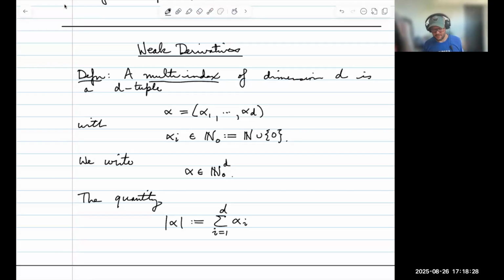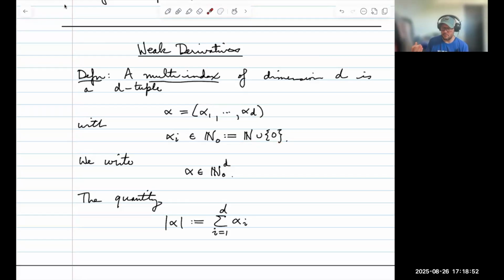So it's a multi-index. What does a multi-index mean? It means it's a particular type of d-tuple, one where all of the entries of that d-tuple have the following form. They're non-negative integers. So that is to say counting numbers plus 0.